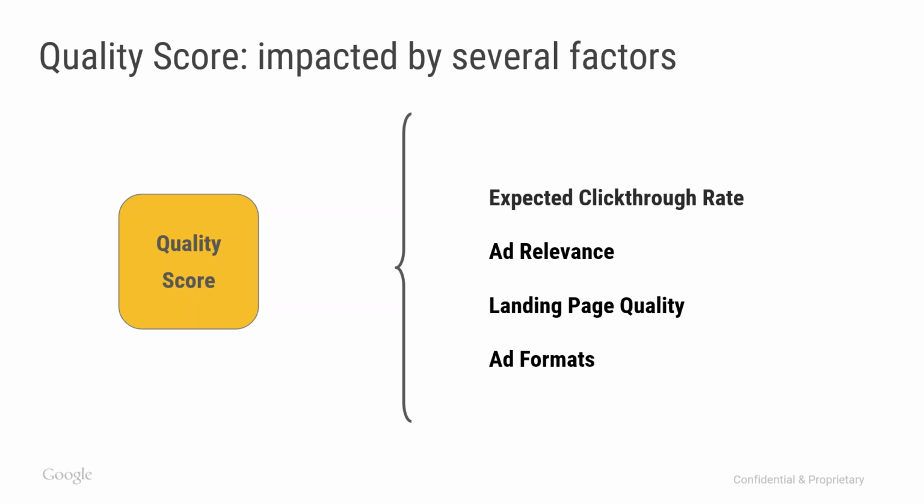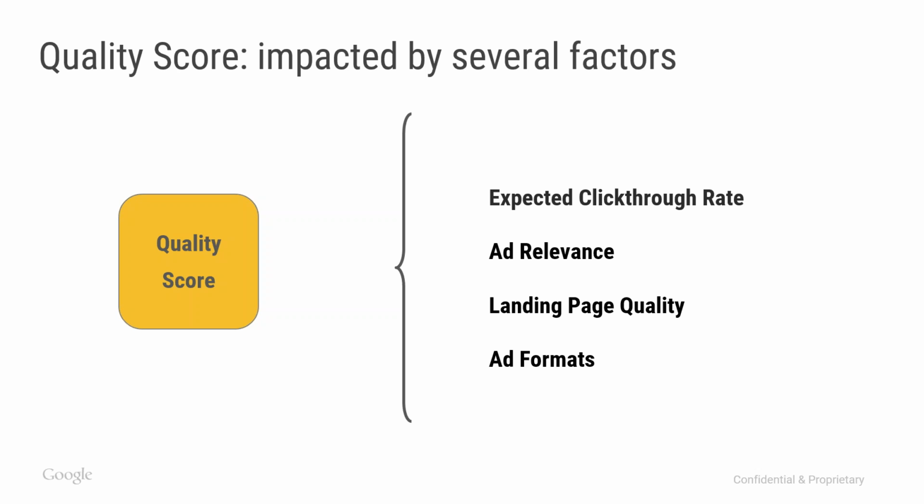It tries to measure if your ad shows whether users will click or not. Second is ad relevance. So if a user is searching for Bali holidays and if your ad talks about Sydney accommodation, it's a big mismatch. So it tries to see what the users are searching for and what you have in your ads as well.